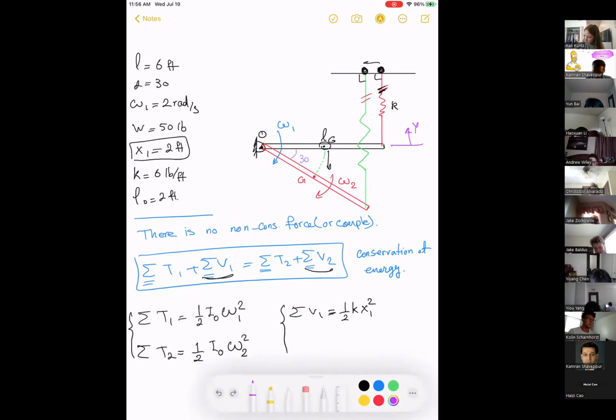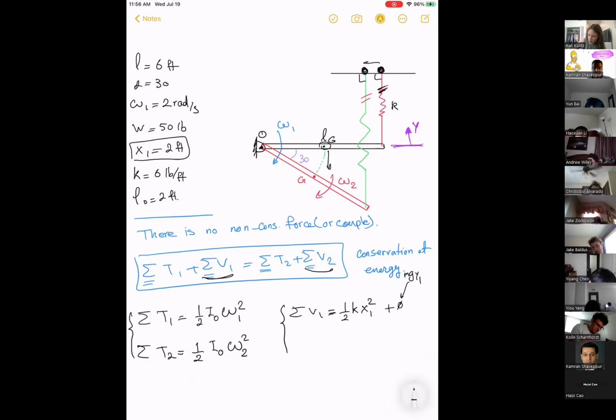So if this is the reference for gravitational potential energy, your Y1 is going to be 0. So you simply get plus 0, and this is for mgy1.